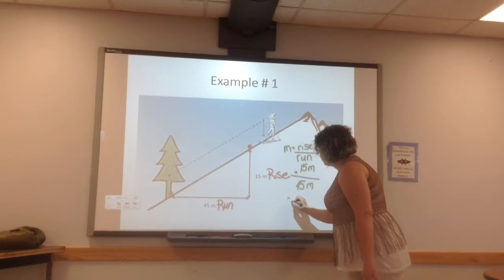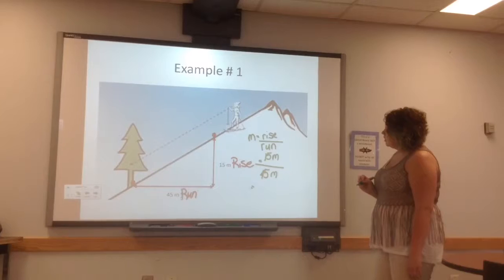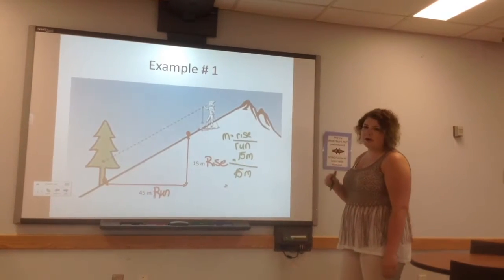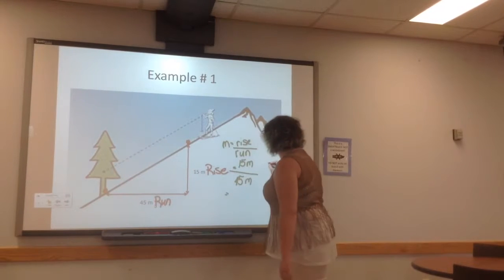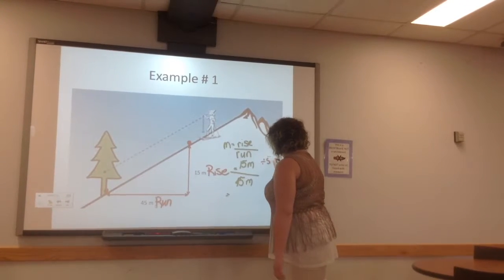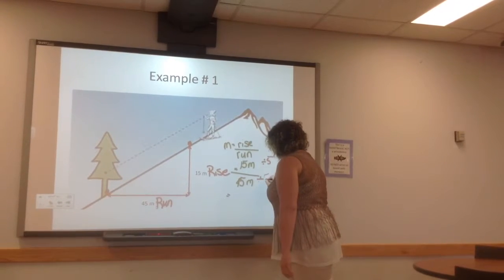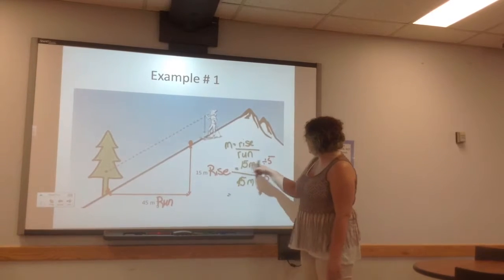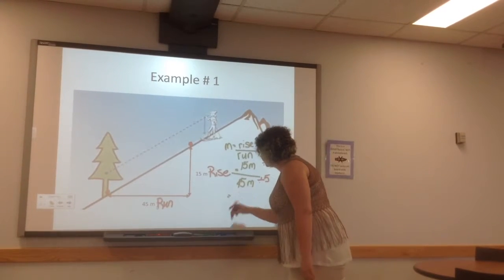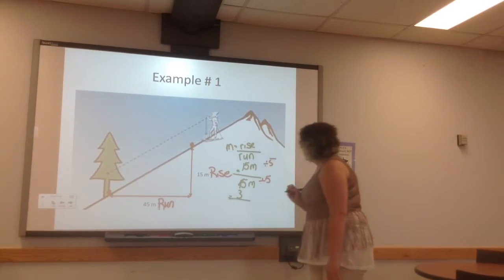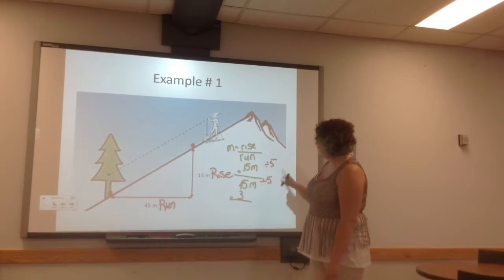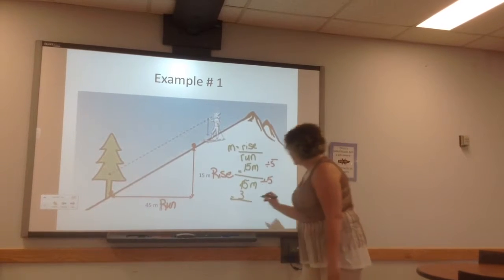Alright, let's simplify this a bit here. So both the top and bottom can be divided by 5. Alright, so 15 divided by 5 is 3. And 45 divided by 5 is 9.